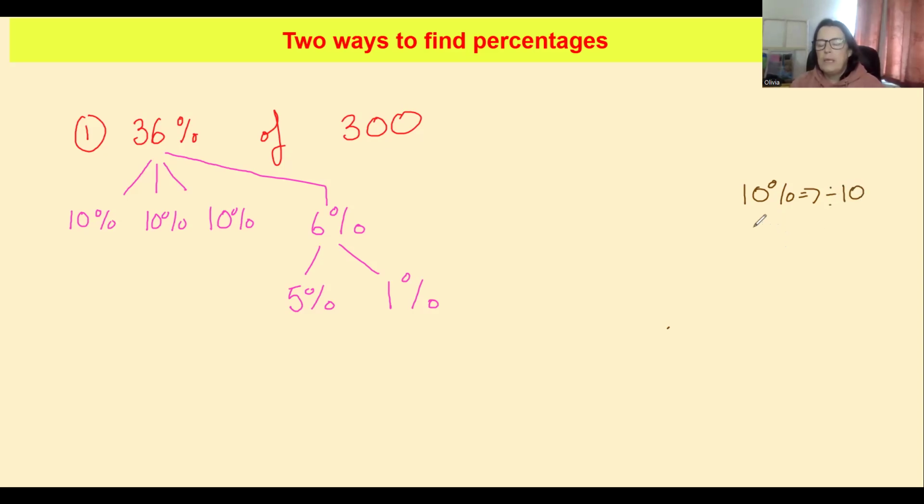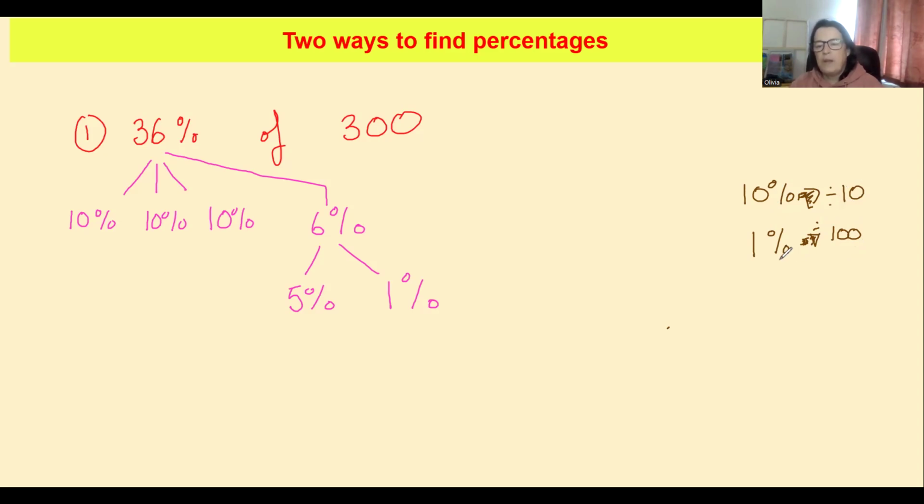If we want to get 1% of any number, this is where sometimes people forget: we're not dividing by 1, we're actually dividing by 100. So try to remember that. To get 10% of any number, divide by 10.